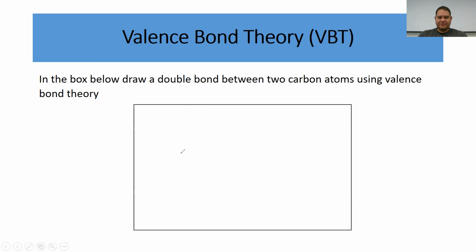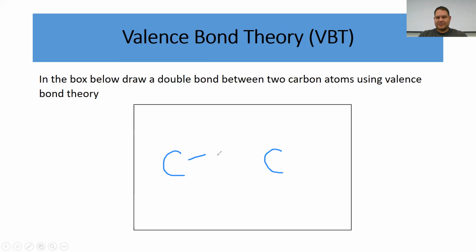So I'm going to represent one carbon atom with its symbol C, and a second carbon atom, ooh, that's really big. Let me shrink that down. This second carbon atom is represented by its C. So first of all, if we're going to form a double bond, we need to have a sigma bond formed between these two carbon atoms.